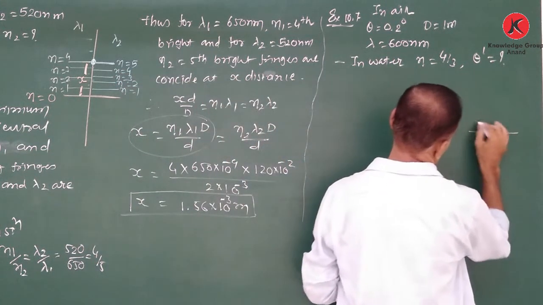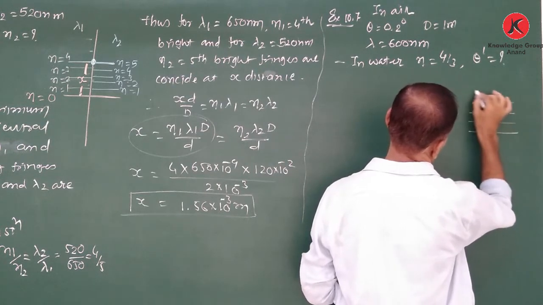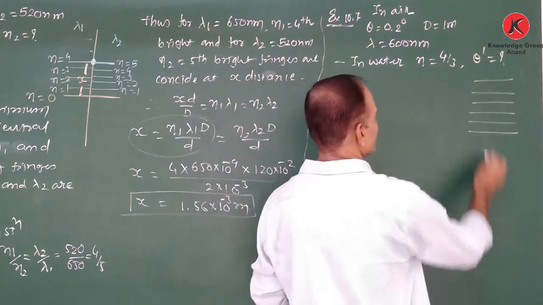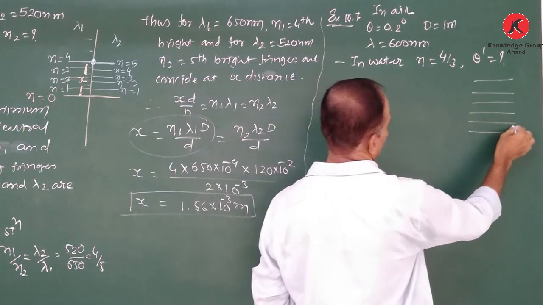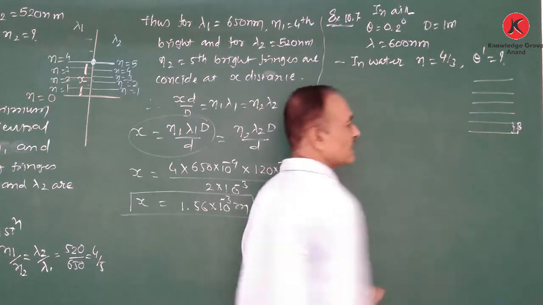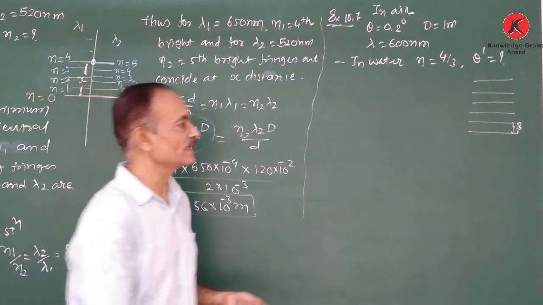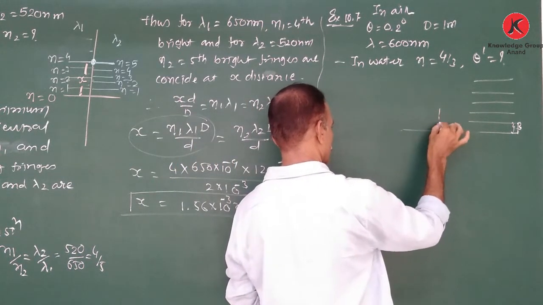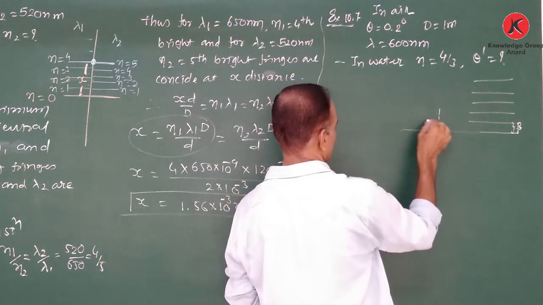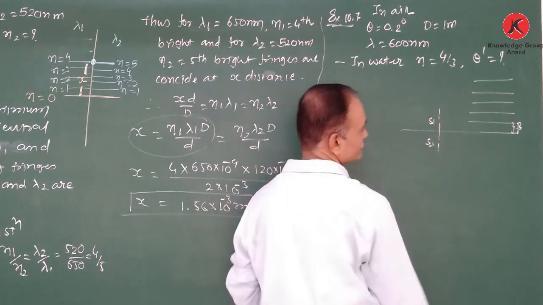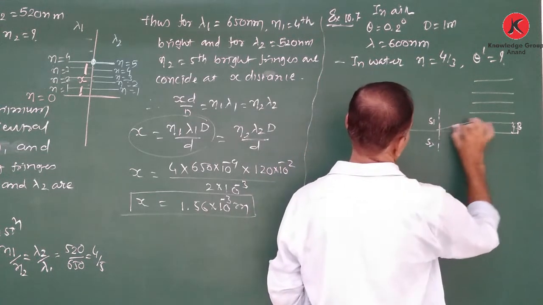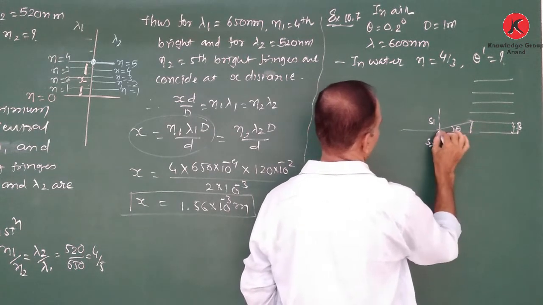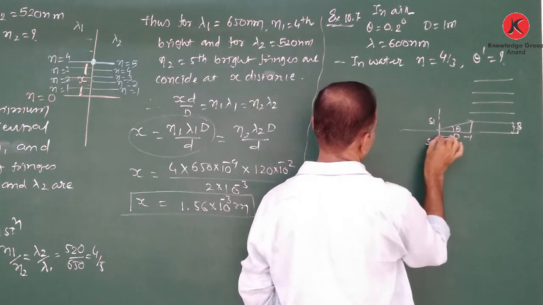First thing, the distance between the two bright fringes is beta, and beta is equal to lambda capital D upon small d. That is the center point of the two slits. There is S1, there is S2. Angular width is this angle theta, and that is beta, and that is the screen, D, the distance of the screen.